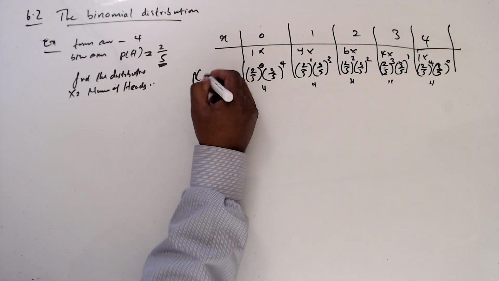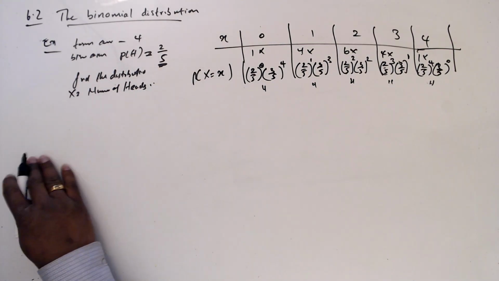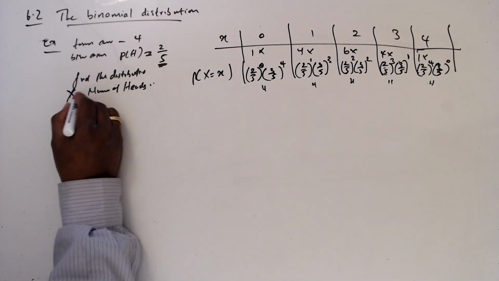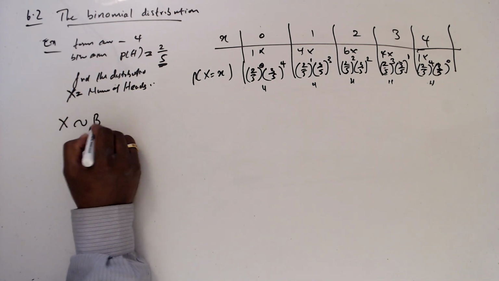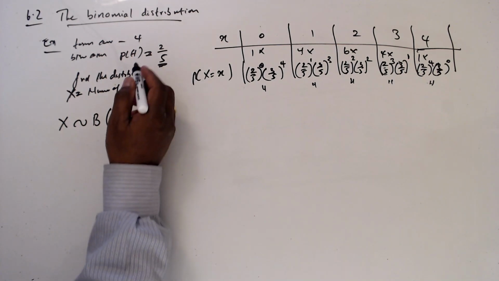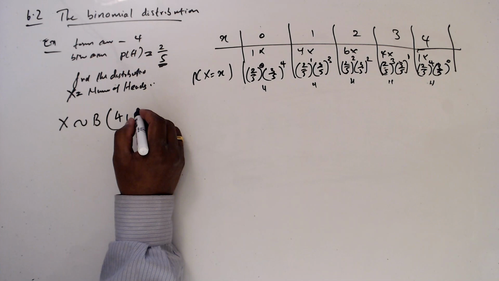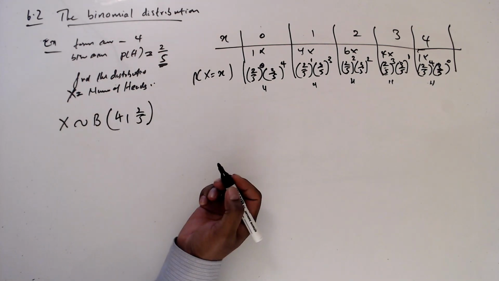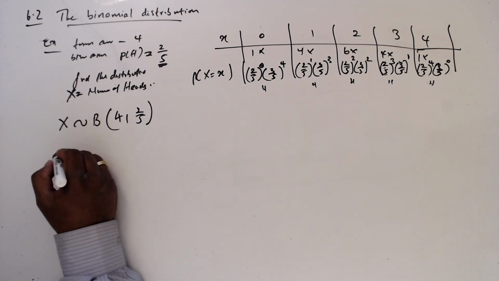This is one probability, X equals x, and now we can write this variable as a binomial distribution. So X follows a binomial distribution, the number of trials is 4, and the required probability is 2 over 5. That's how we write the binomial distribution.